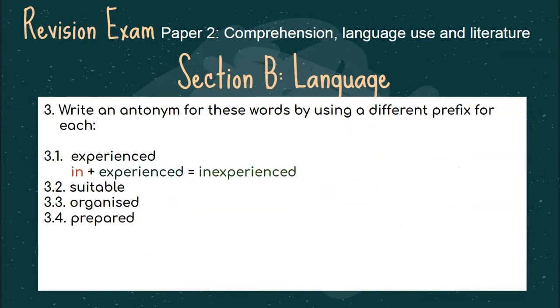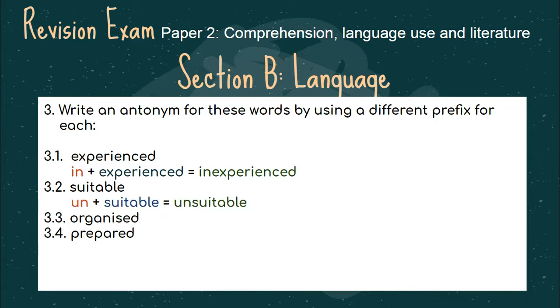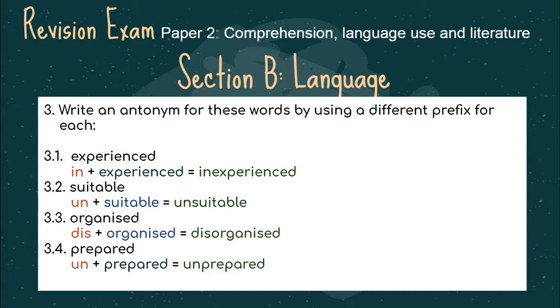So 3.1 was experienced. If we add the prefix in, we'll get the word inexperienced. Suitable, if we add the prefix un, we'll get unsuitable. Organized, if we affix the prefix dis, we get disorganized. And prepared, if we affix the prefix un to the front, we get unprepared.